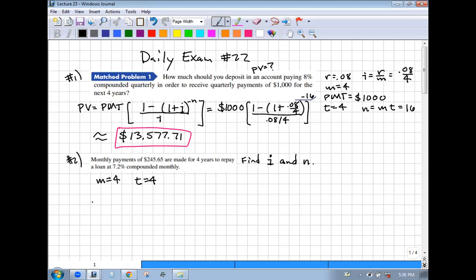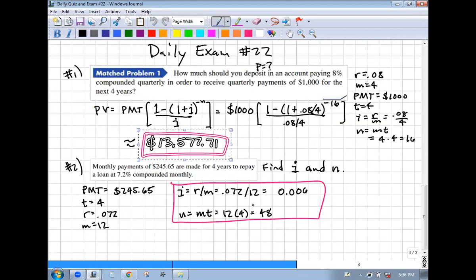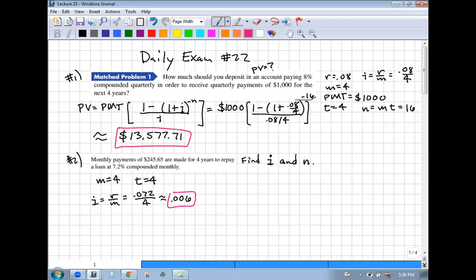Well, I is your rate per period. Our rate here is 0.072, and M is 12. So if we plug that into our calculator, I think we get 0.006. Yeah, 0.006. So that's what I is.